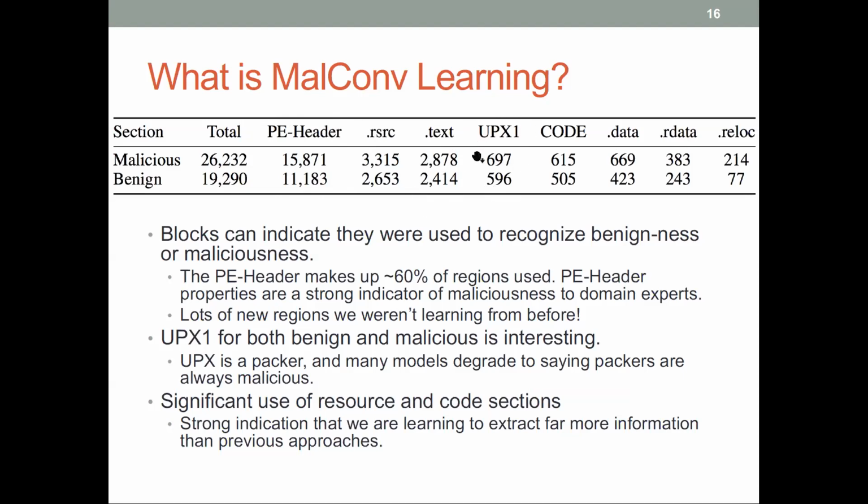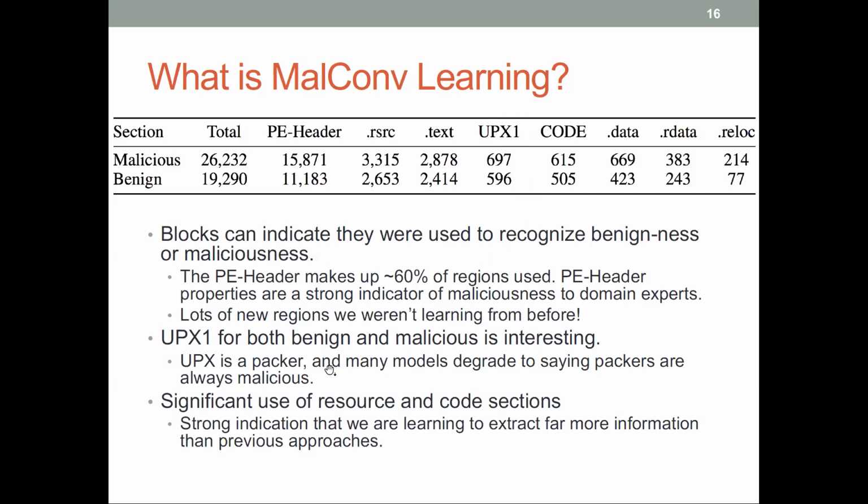A very interesting finding that the authors also note is this UPX1 piece of the binary, which essentially refers to the use of the UPX packer. Remember, a packer is software that compresses binaries into a more compressed format, which are decompressed during runtime.